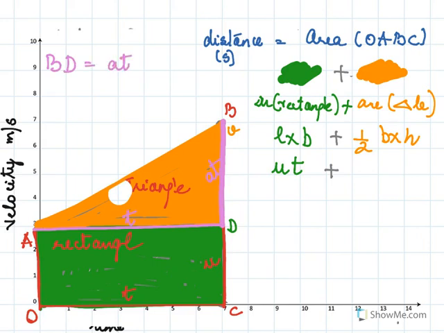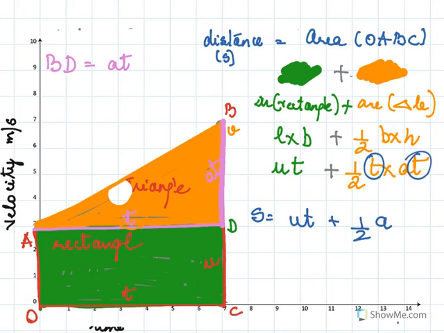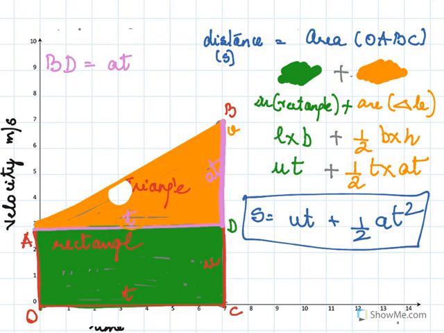So here we have half base into height, that is half, this is the base, which is T, and the height is AT. So now the total area S equal to UT plus half A, T and T would give me T square. So this is my next equation. The distance traveled is S equal to UT plus half AT square.